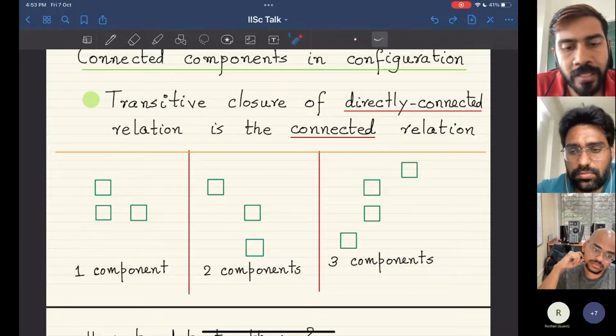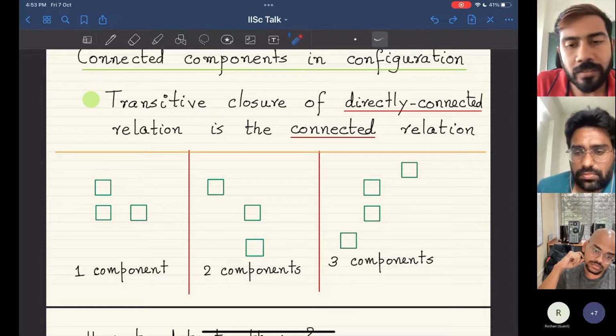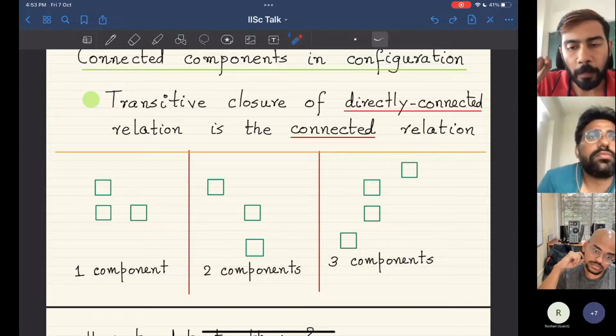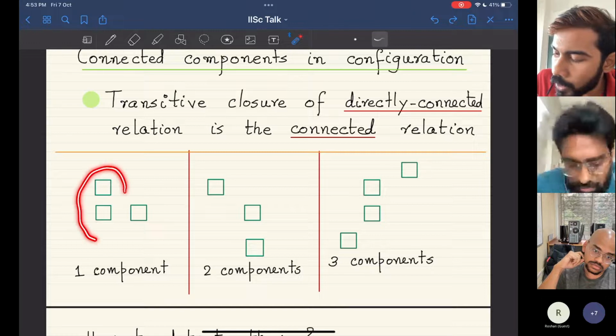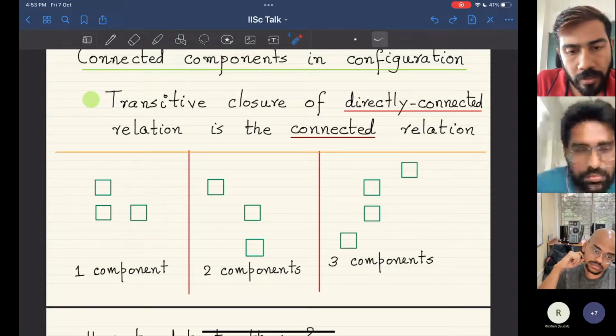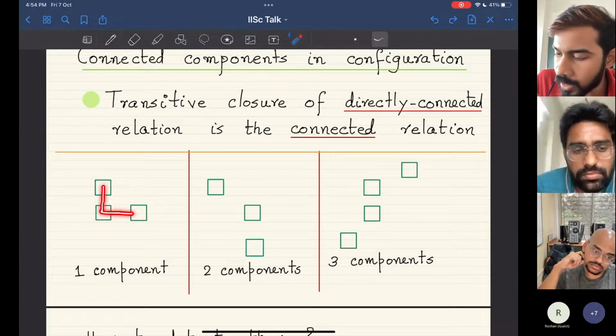And we categorize configurations based on how many connected components they have. For example, this is a 1 component configuration because this is connected to this because they share the same stripe, and this is connected to this, they share the same layer.